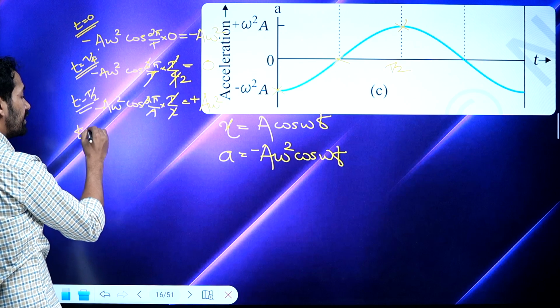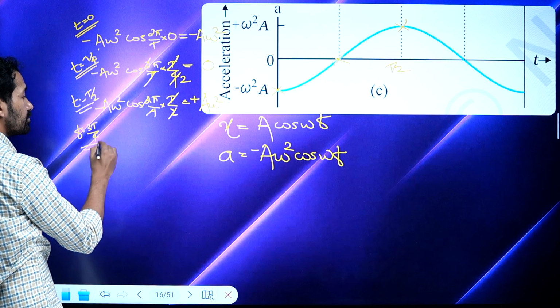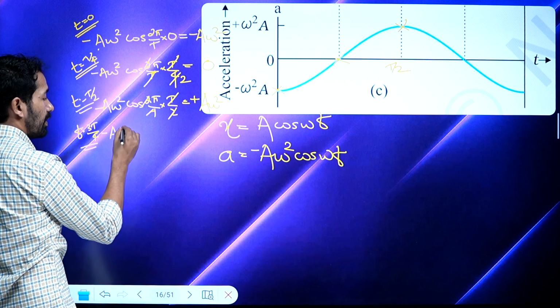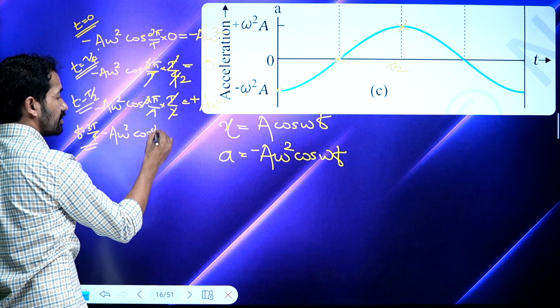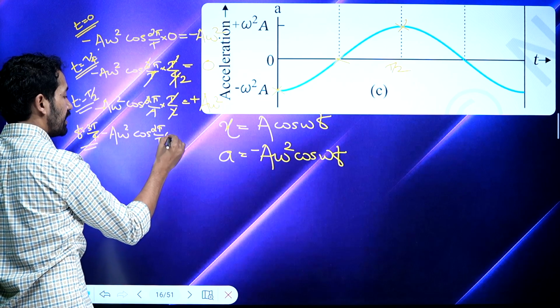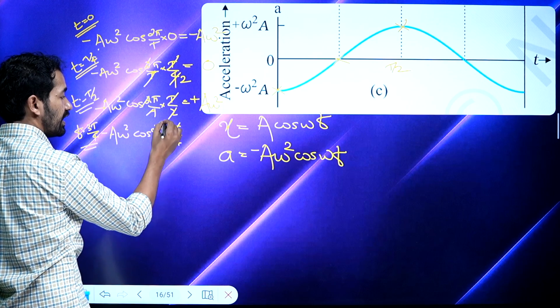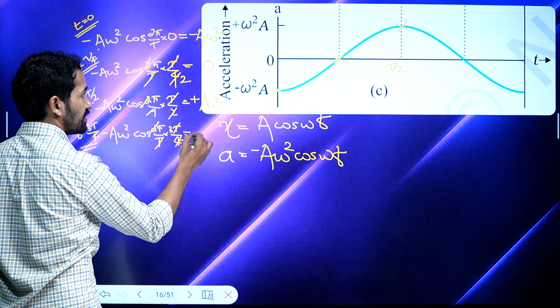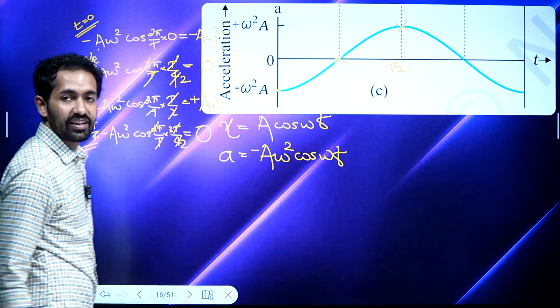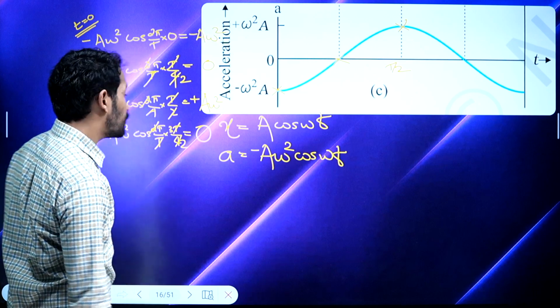Now at time t equal to 3T by 4, minus a omega square cos 2 pi by capital T into 3T by 4. So T gets cancelled, 2 gets cancelled, and your answer is 0 here, again 0 because cos 270 is 0.